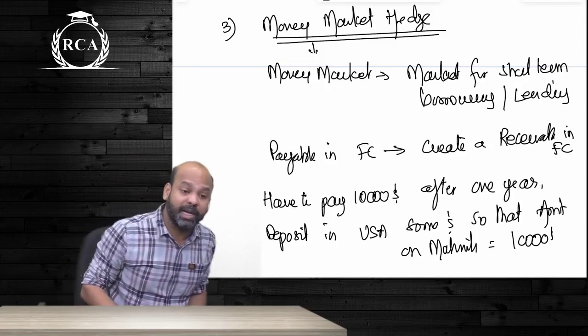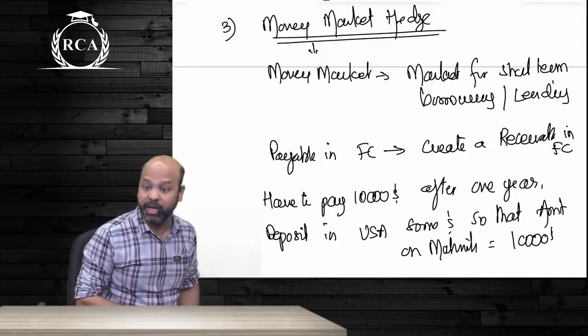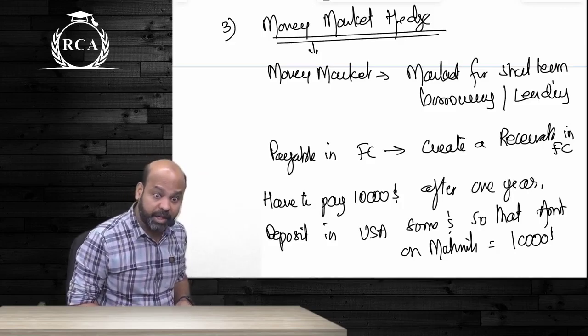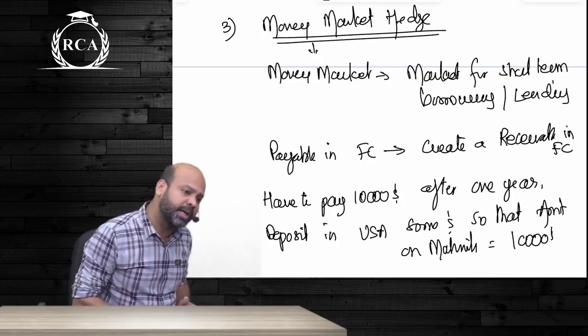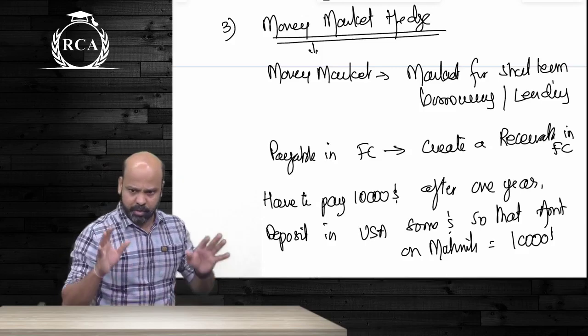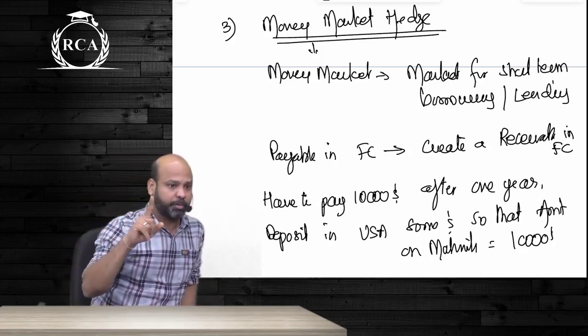I told you the money market hedge effectively gives conversion at the same rate as the fair forward rate. The effective amount of inflow or outflow under a money market hedge will be exactly equal to your fair forward rate. Believe me, all of this will be very useful when you revise later, whichever points I am covering.